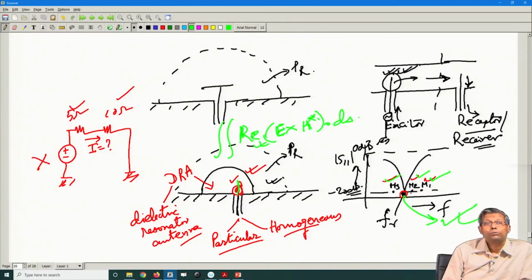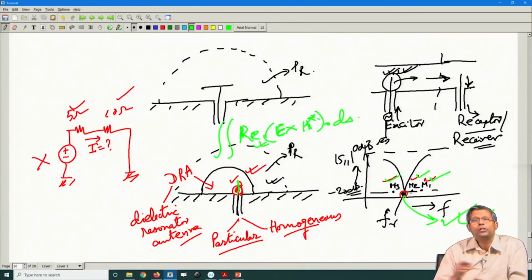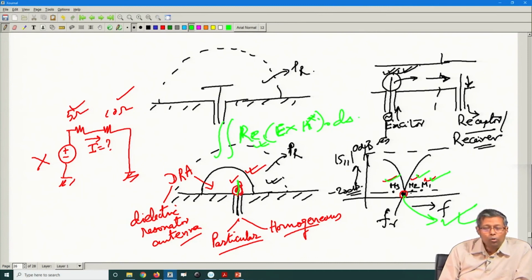So, these are all applications of how I use the Poynting vector in the efficient design of guided structures or antennas.